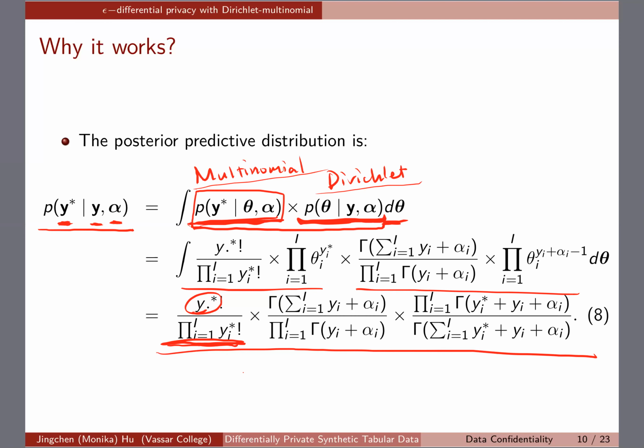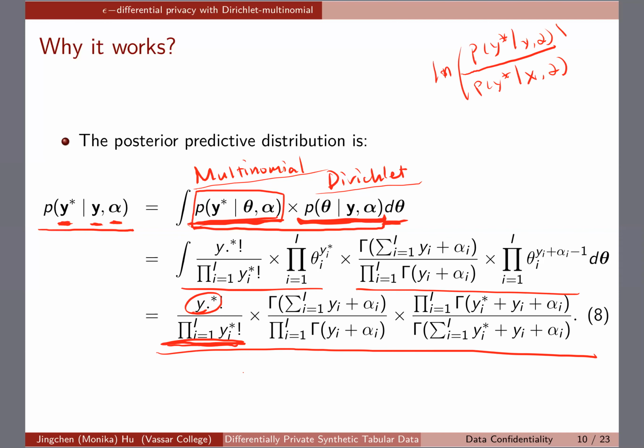So you don't need to remember what this equation 8 is, but what we're trying to do is express the posterior predictive distribution now with all of the little terms, because later we have to bound the log of p of y star given y and alpha, over p of y star given x and alpha.